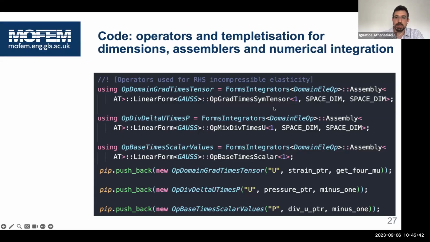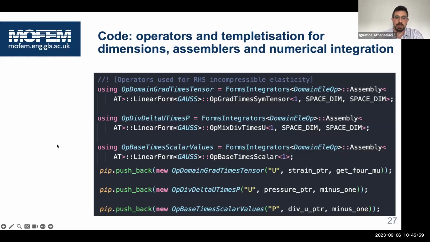So at the moment, regarding the space and the type of elements, this is quite templatized, and we don't need to have multiple implementations. We have one implementation that we can test for different cases, rather than having many implementations for different cases.